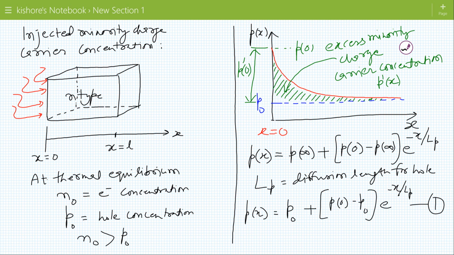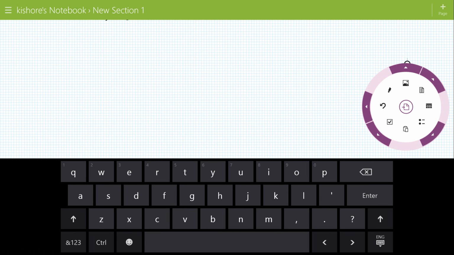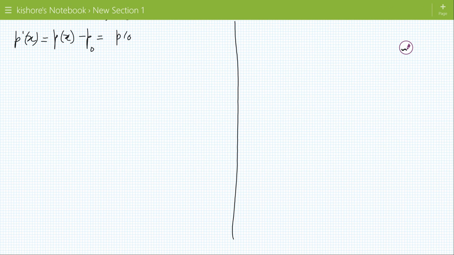So this is the expression for minority charge carrier concentration with respect to x. And the expression for excess minority charge carrier concentration is P dash x, and this P dash x is Px minus P naught, that is P0 minus P naught e to the power minus x by LP.